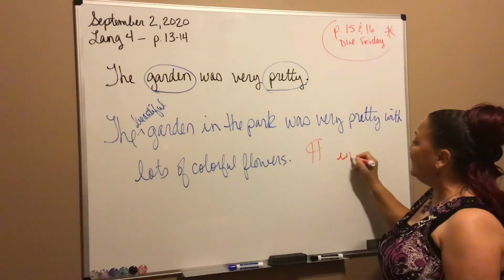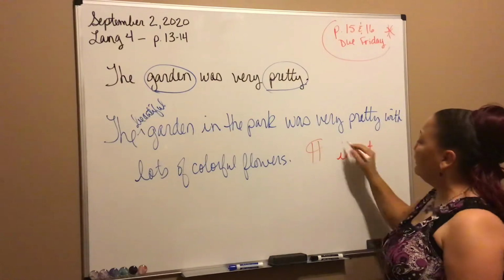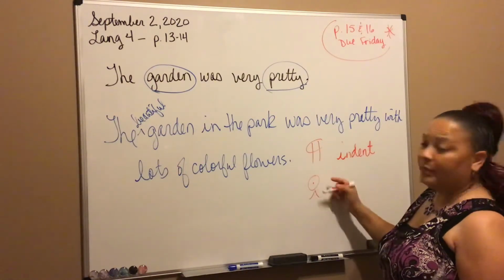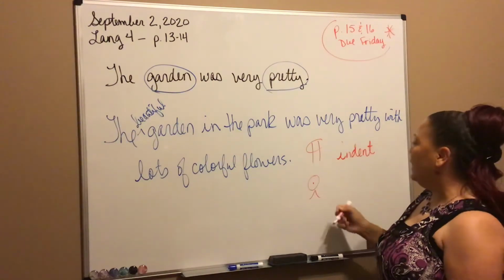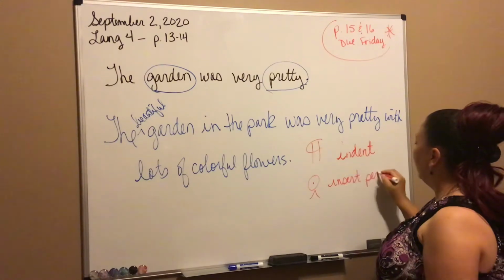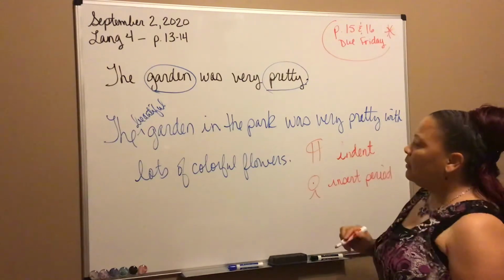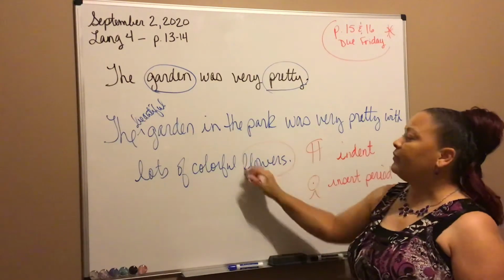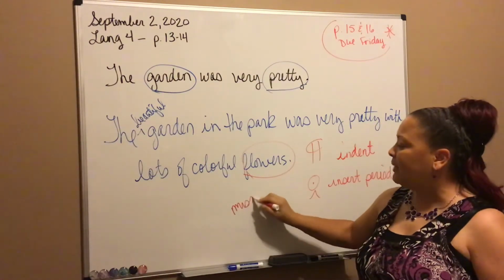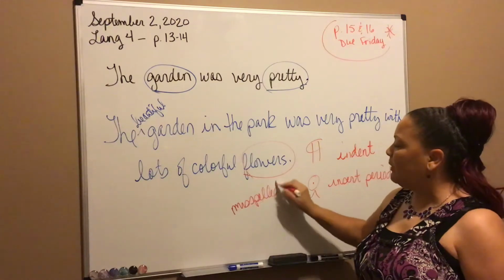This means you need to indent, okay? If I said insert a period, I might have circled the period so you could see what I was talking about. So this is insert period, right? If I circled a word, it just meant that the word was misspelled, okay? You had a misspelled word.